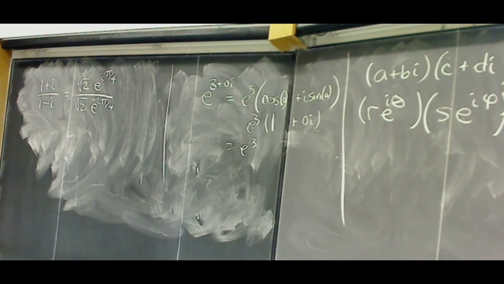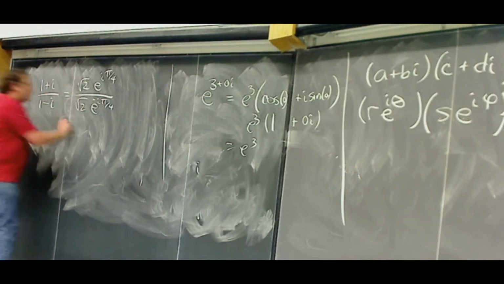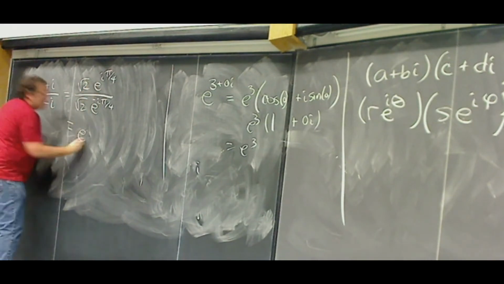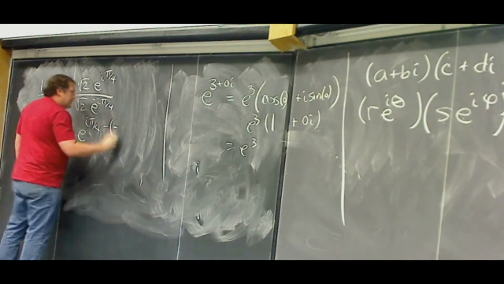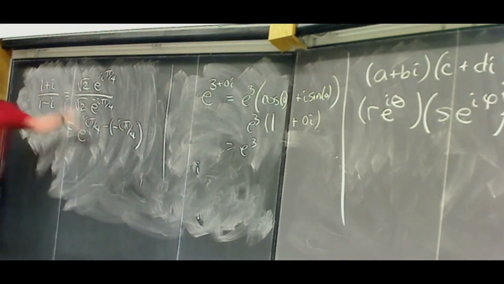So this answer should be, well, when I divide, I can divide these numbers, and I change the power here. So root 2 over root 2 is 1. This over this is the same as pi over 4 minus a minus. When I minus a minus, I get a plus.